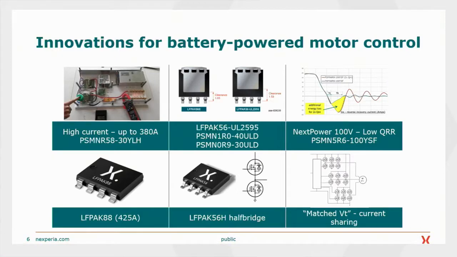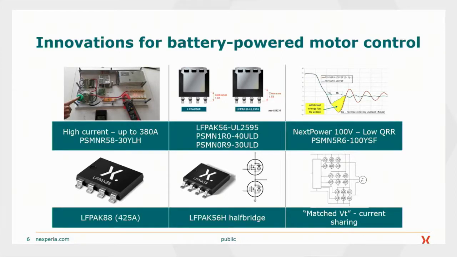We've also developed a package specifically to address the UL 2595 specification. This is specific to motor drive applications where you need increased creepage and clearance distance. We've got two parts which address this creepage and clearance, and the package is now released and qualified if we have other products which require it.